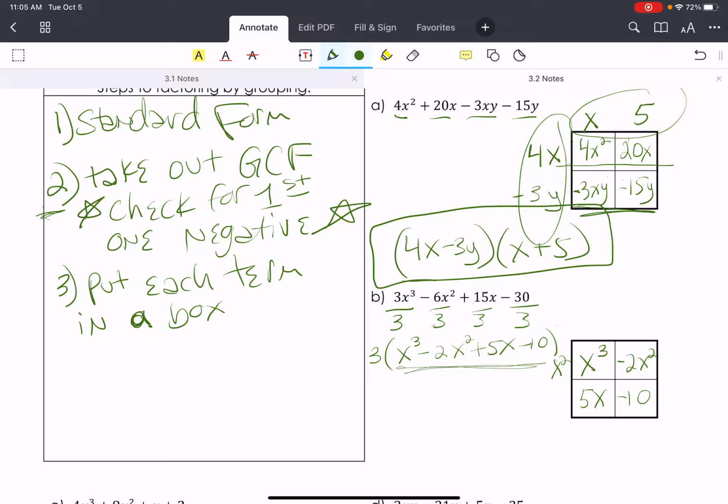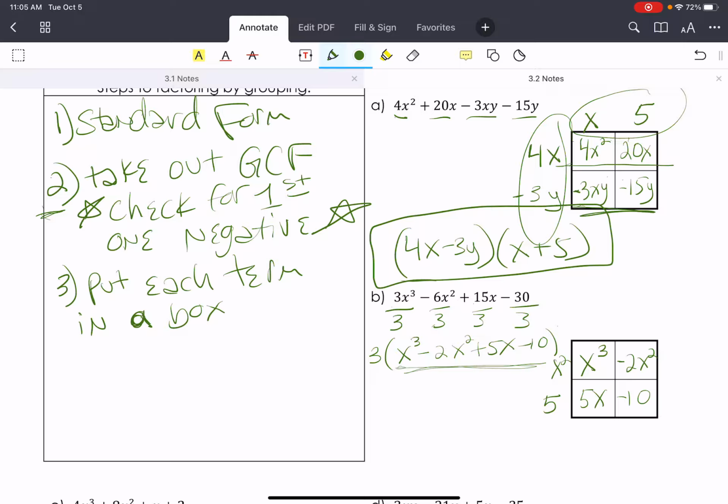Bottom row. 2. Try again. 5. Because 5 can go in the 5 once. So it can be the same number. Yeah, it has to be the same number.